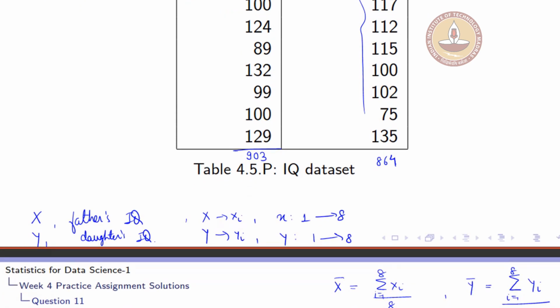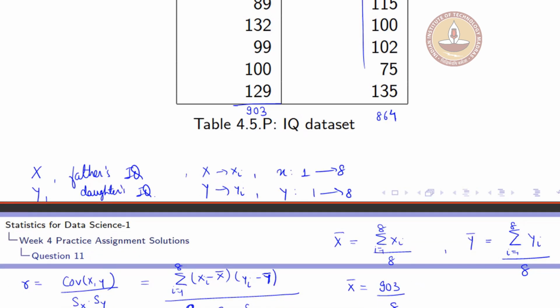So what is x bar? X bar is going to be 903 divided by 8, that is 112.875. And y bar is going to be 108. This is your x bar and this is your y bar.